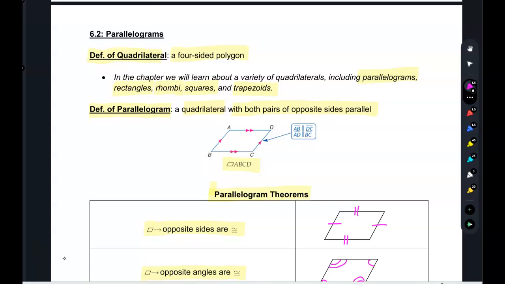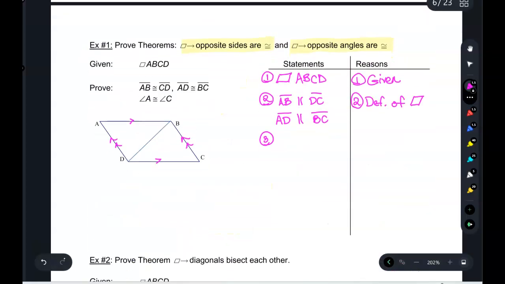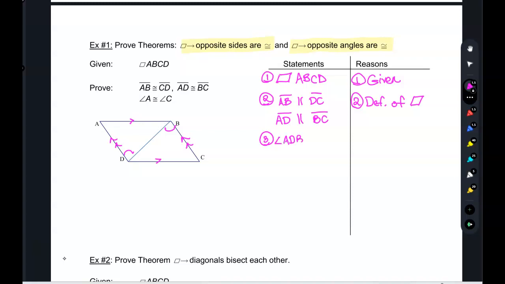So don't jump ahead. Okay, well, if we have parallel lines, what kind of angles do we have congruent? Alternate interiors. So I know these two angles are congruent. That's going to be angle ADB congruent to angle DBC.